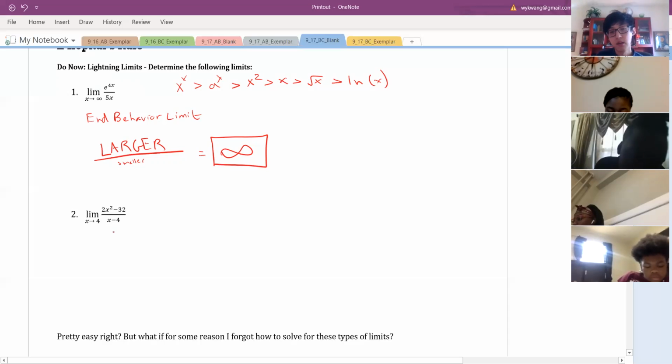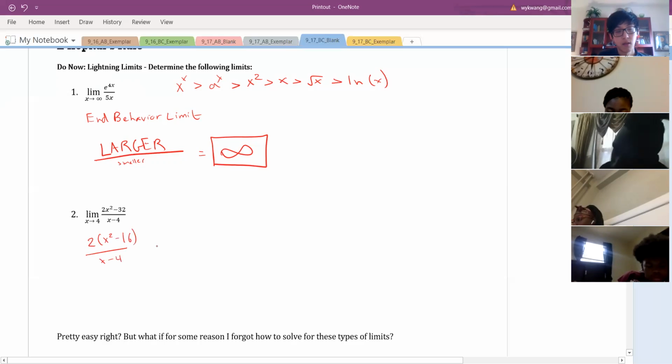How did you factor that? I factored out the 2. So I got 2 times x squared minus 16. And then what was your next step? And then I factored the x squared minus 16 and got 2 times x minus 4 times x plus 4. Awesome.